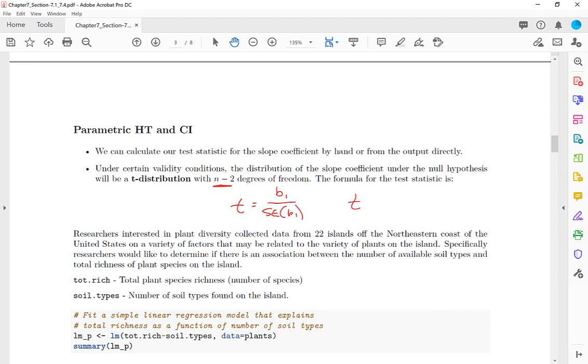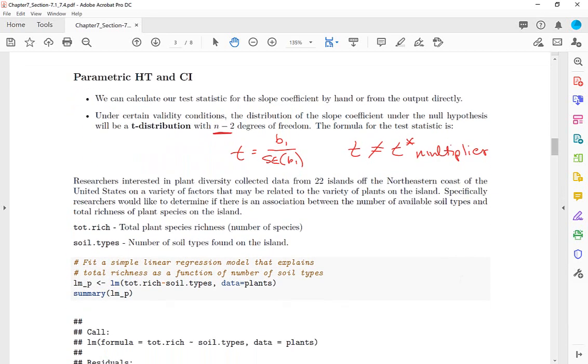Please note that the test statistic t is not equal to the t-star multiplier. These are different values. t is the test statistic we calculate from our data. t-star is the multiplier from the t distribution with n minus 2 degrees of freedom used to find a confidence interval.